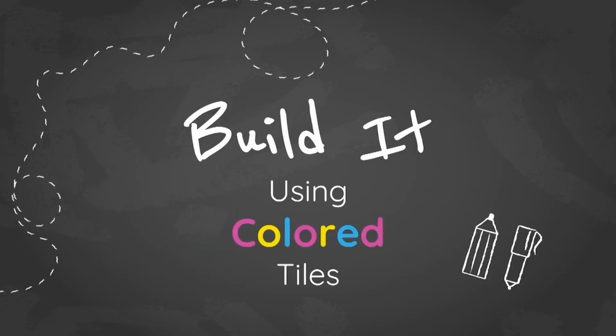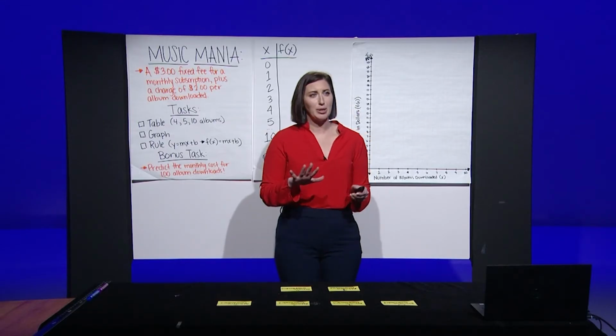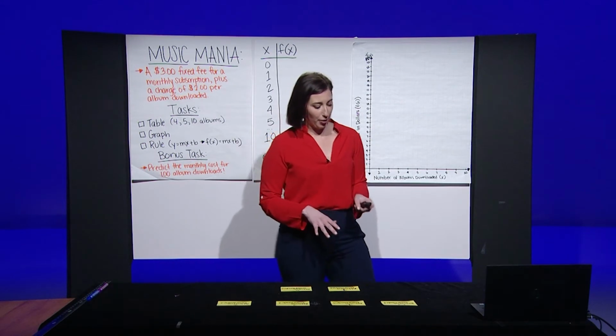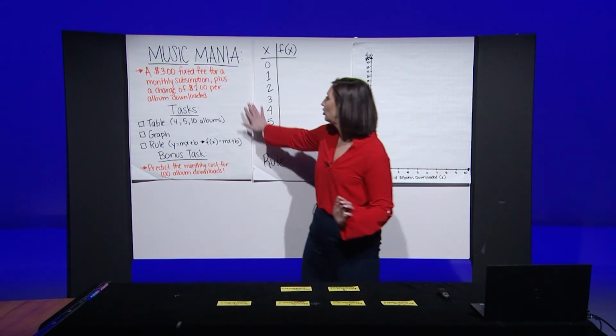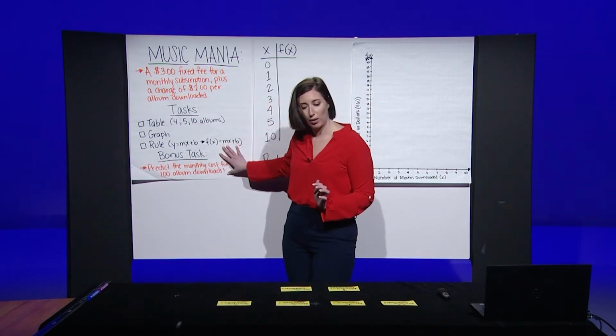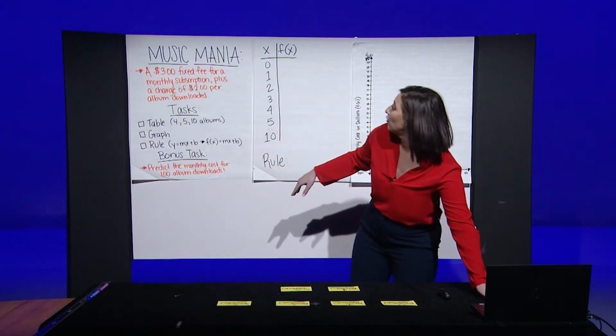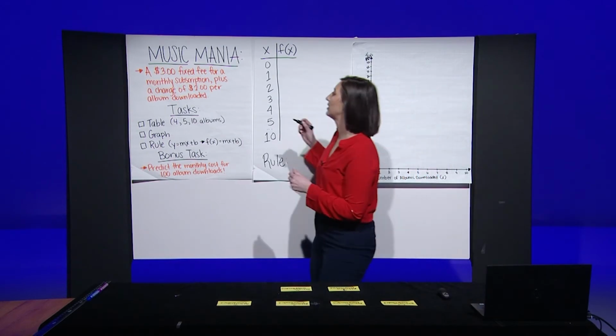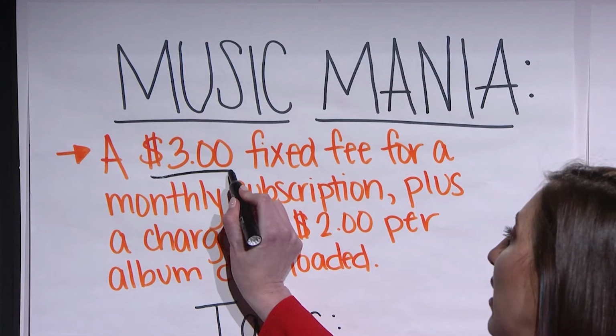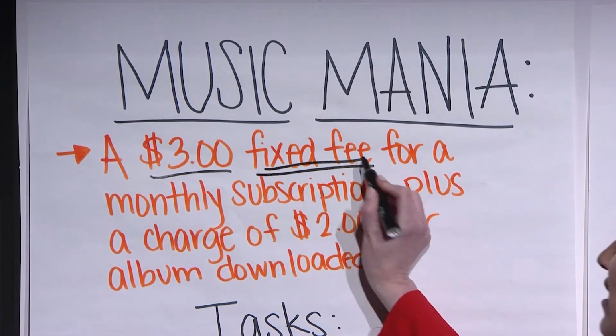So the easiest way for us to do this is to build. So we're going to come away from our PowerPoint and we are going to actually build this scenario. And I have it up here just so that we can keep track of what we are doing for this problem. But I do want us to pay attention to a few key things in this problem. I want us to keep in mind that our $3 is a fixed fee.